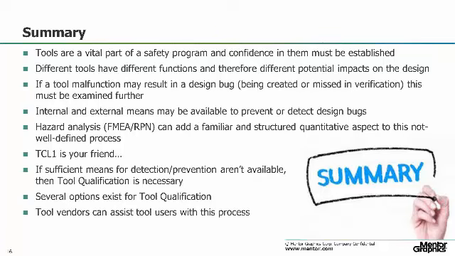You may use internal and external means to prevent or detect these bugs. We've taken an FMEA RPN approach to allow you to have a quantified justification for TCL level.